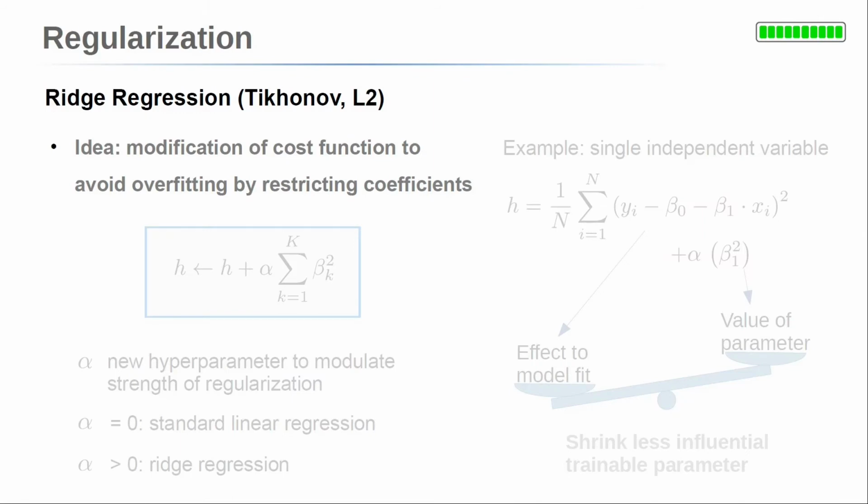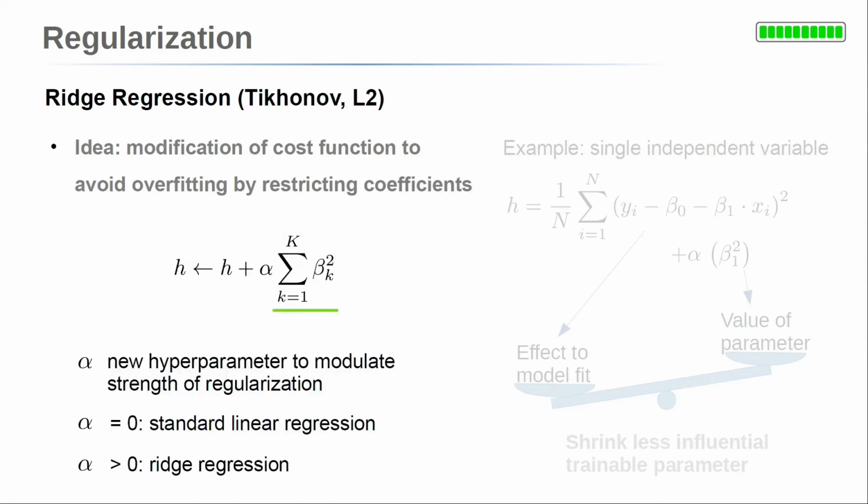There are further techniques for regularization. Another popular idea is to modify directly the cost function. The modification aims to penalize somehow the usage of more trainable parameters to prevent overfitting. Here, we consider the so-called L2 regularization.